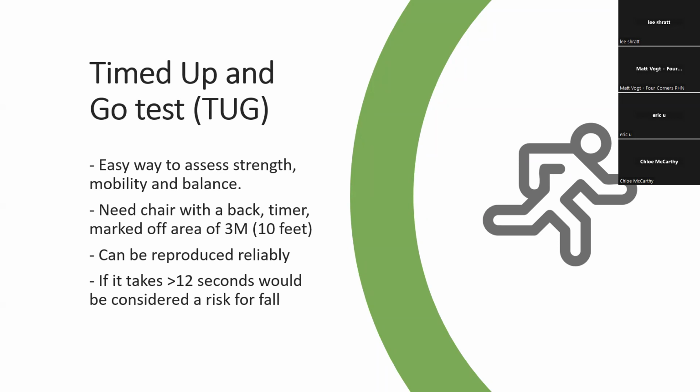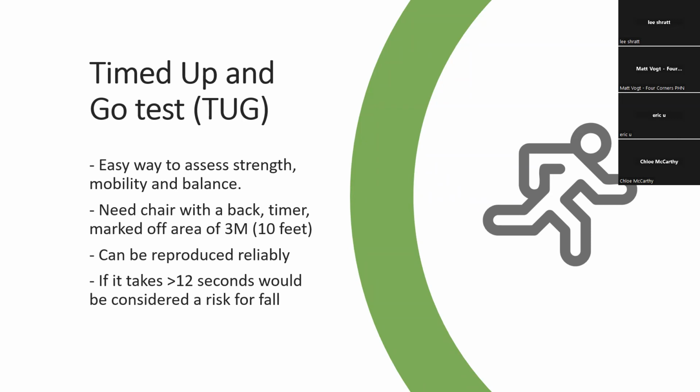So the plan is that you ask them to sit. When you're ready, you hit your stopwatch and you have them go from seated position, stand, go down 10 feet, turn around and come back and sit, and you time it. So anything more than 12 seconds would be considered a risk for falls. And it's very easy to reproduce this in the clinic.